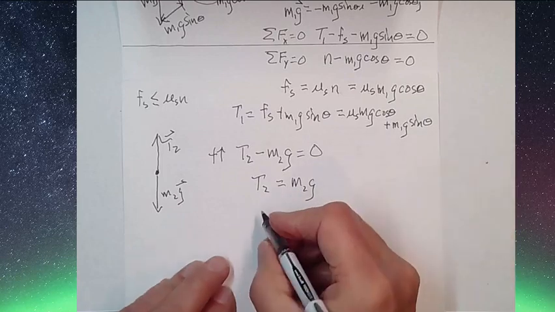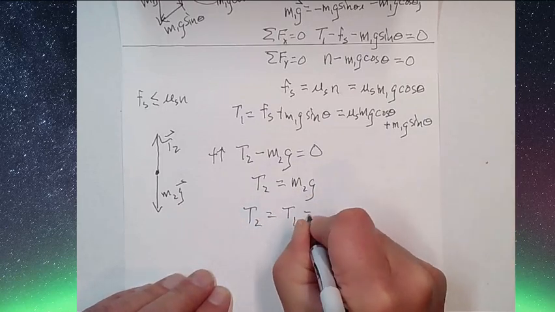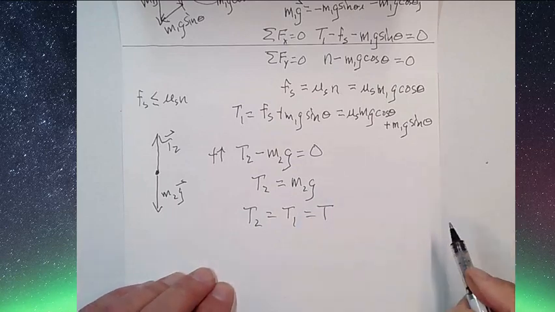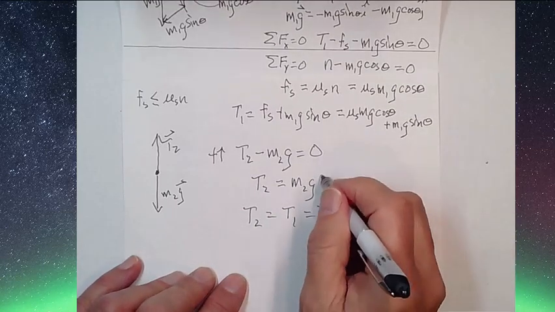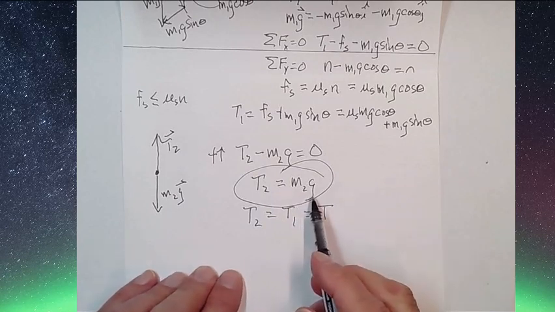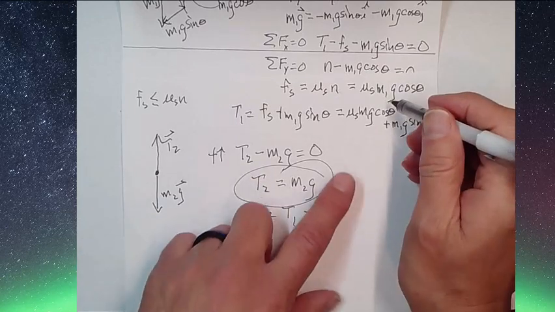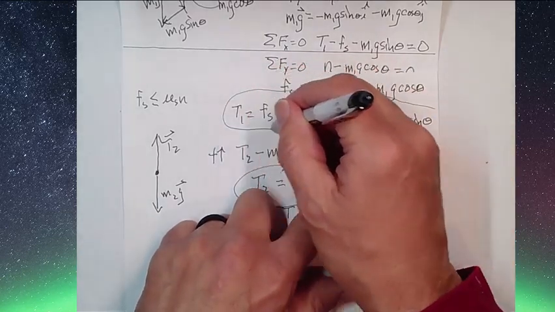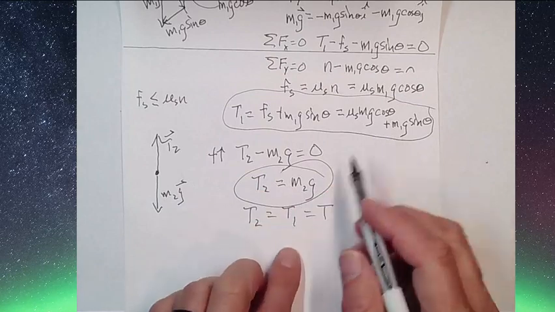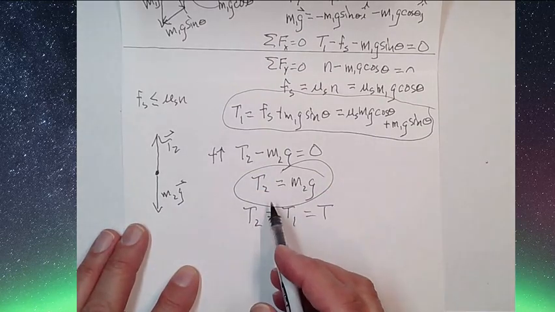And T2 is equal to T1, and I'm just going to call that T. So there's an expression for T2. m2 is the thing I don't know that I'm trying to solve for, but I can take this expression for T1 and replace T1 with T2 here.